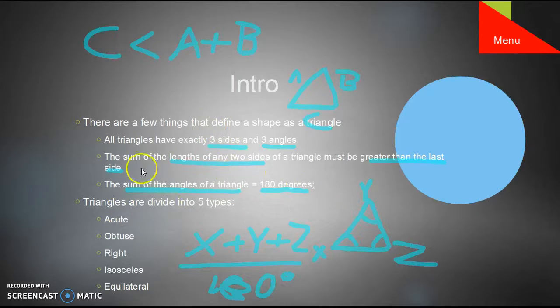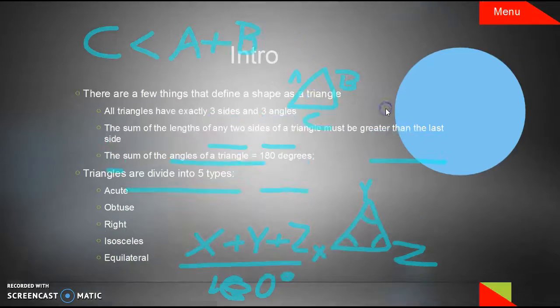So there are 5 types of triangles. They're acute, obtuse, right, isosceles, and equilateral triangles.